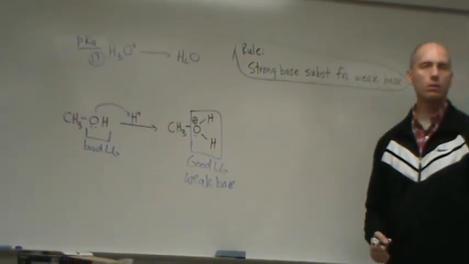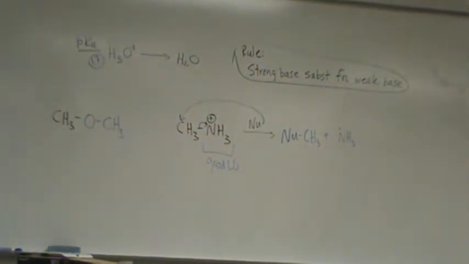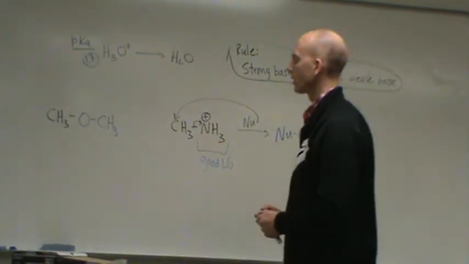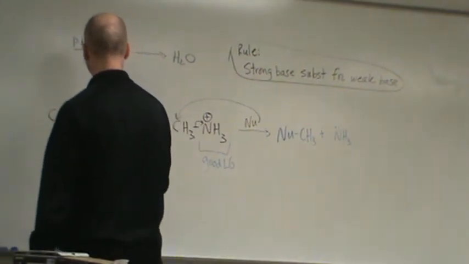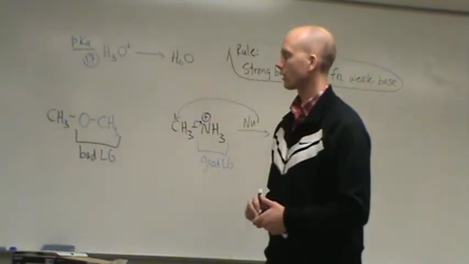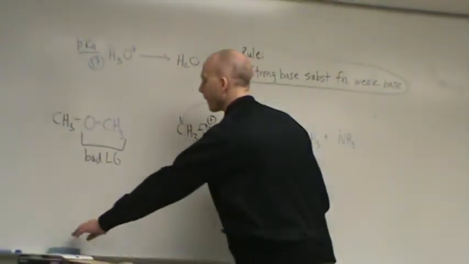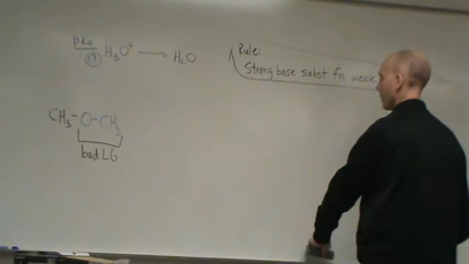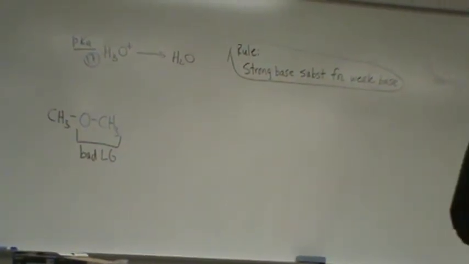It'll be something like an ether, where this thing here is a bad leaving group. So what do you think I can do to convert it to a good one?